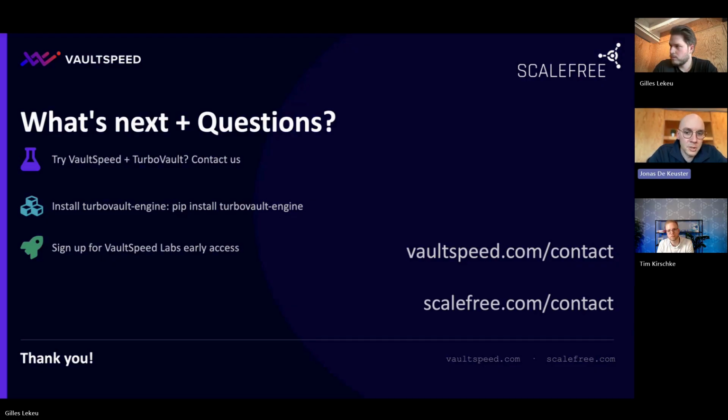So if you open a trial account on Snowflake and you get access to the VaultSpeed native app, you will have that agent installed right into your environment. You will get a demo sample set and you can run through that. And if you then get access to our labs and you try the VaultSpeed Turbovault integration, you could get productive with the same demo as Tim and Gilles showed you today. So yes, it's possible.